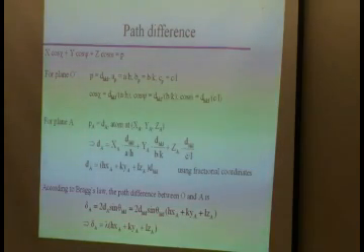Does that look a lot simpler? Looks a heck of a lot better than where we started, doesn't it? No more cosines. Now, what we are really interested in though is the path difference, right?